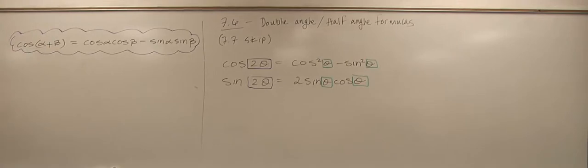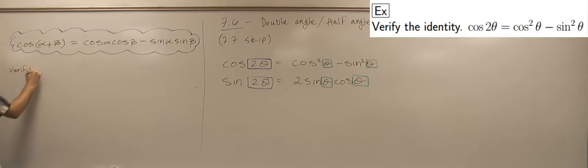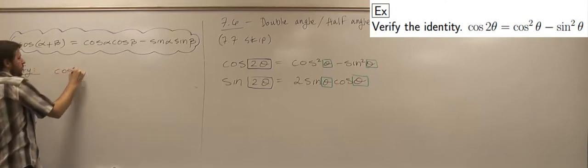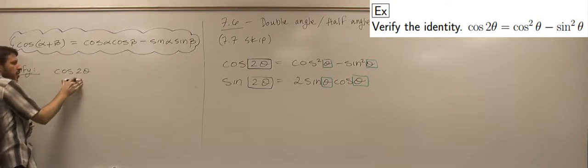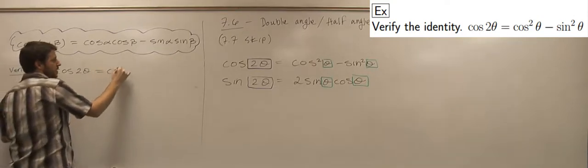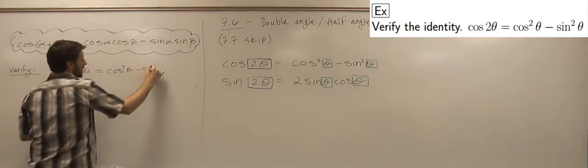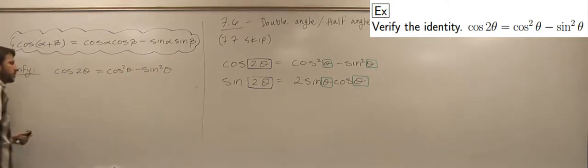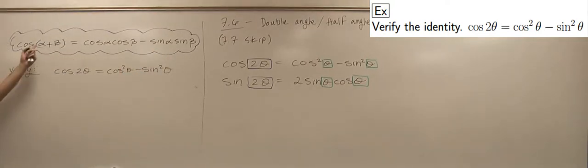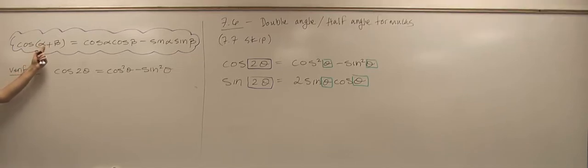But to verify, to actually make sure I'm not lying to you, what could you do to turn cos 2 theta into cos squared theta minus sine squared theta? Using this identity, I kind of circled it as a hint. How can I apply this identity to this situation? Cos theta plus theta. Yeah.